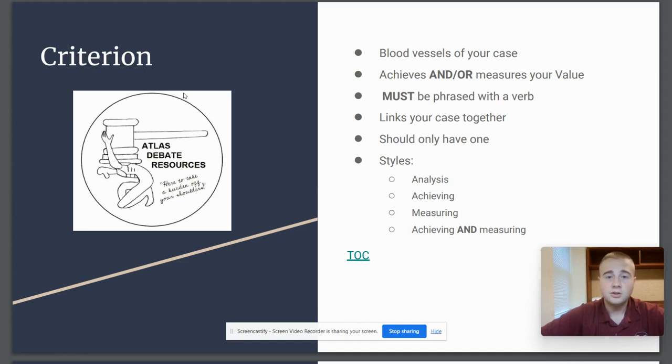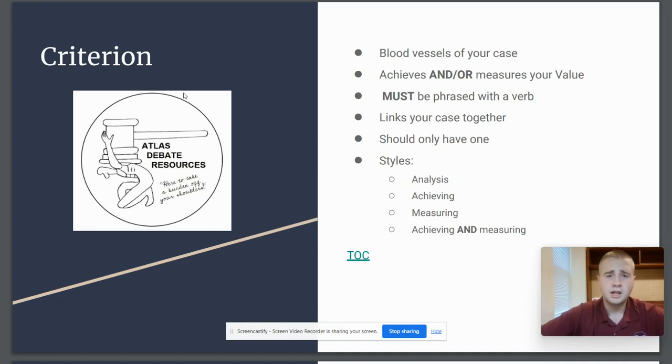In addition, it can also show how you achieve your value. So, for example, say you have a value of security, then your criterion could be something like establishing a military presence, something that actually literally leads to the achievement of your value. And then you can show that the resolution meets this achievement process or that the body of your case does.